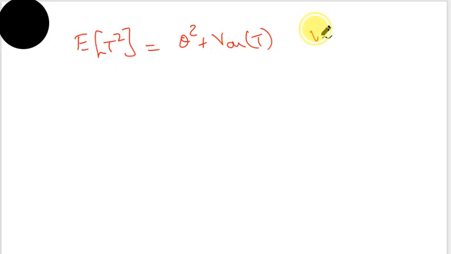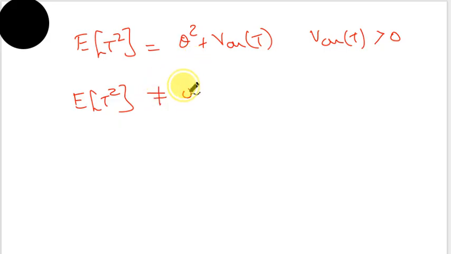We know that our variance of T is the square of the standard deviation, so it can never be negative. Hence, my E of T squared is theta squared plus a positive quantity, and therefore it is not equal to theta squared.